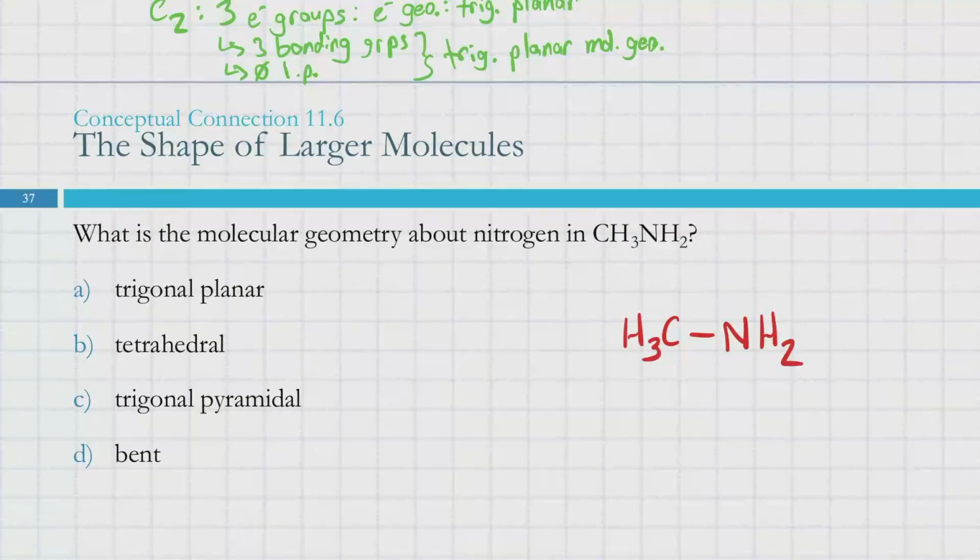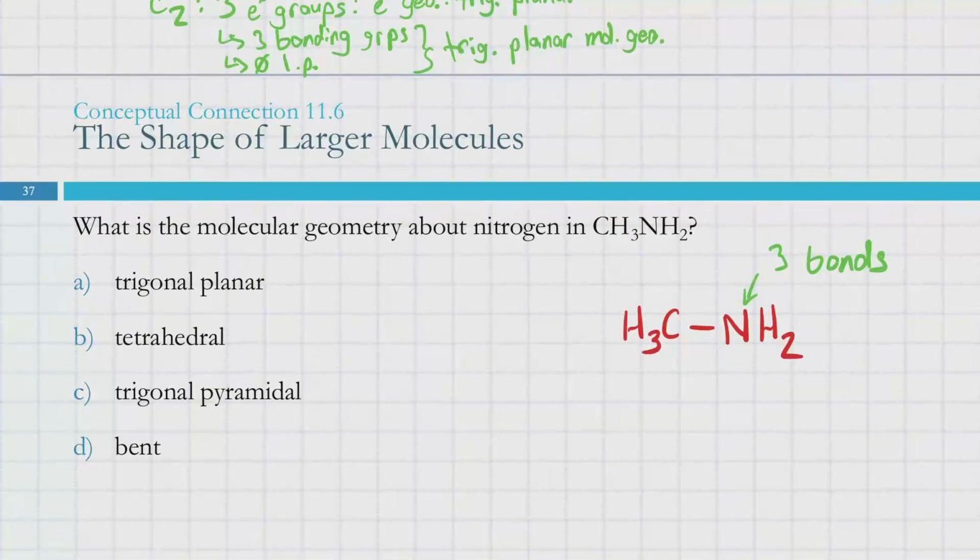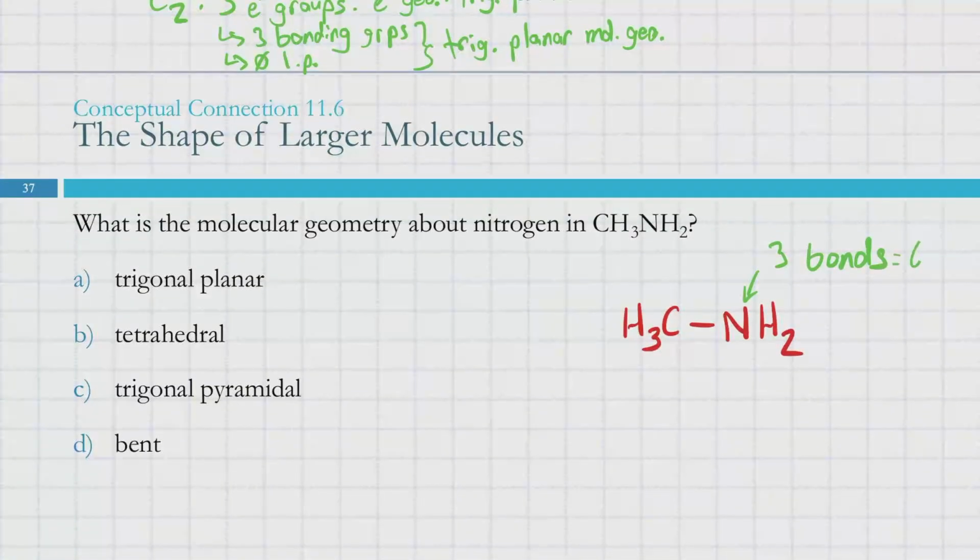It would have 3 bonds. Does it have anything else as written? No, just 3 bonds. How many electrons would that count up to for our nitrogen? 6 electrons.